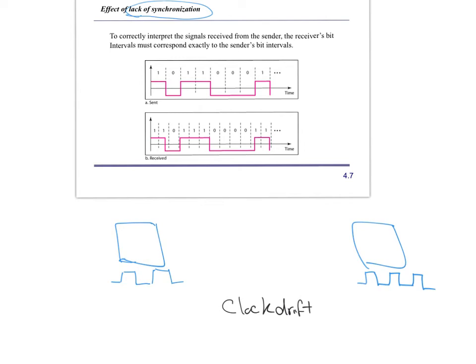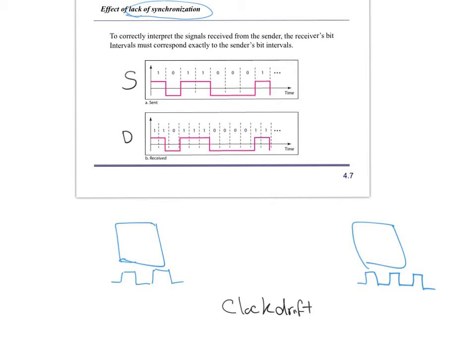The problem here is that these clocks are not 100% identical, which means that if this is a source and this is a destination, there's a chance that the destination clock will inevitably have a bit duration which is less or more compared to the duration of the bit at the source level. Remember, for digital transmission, what is our objective?